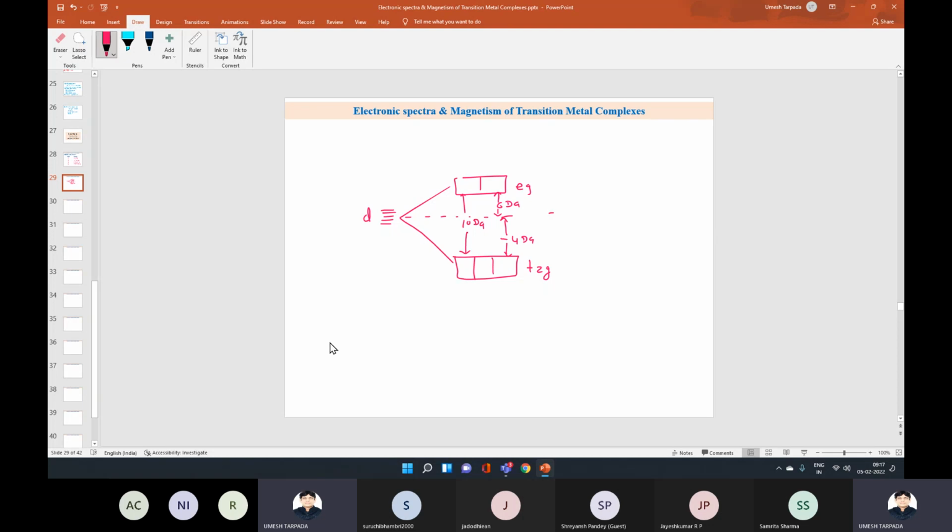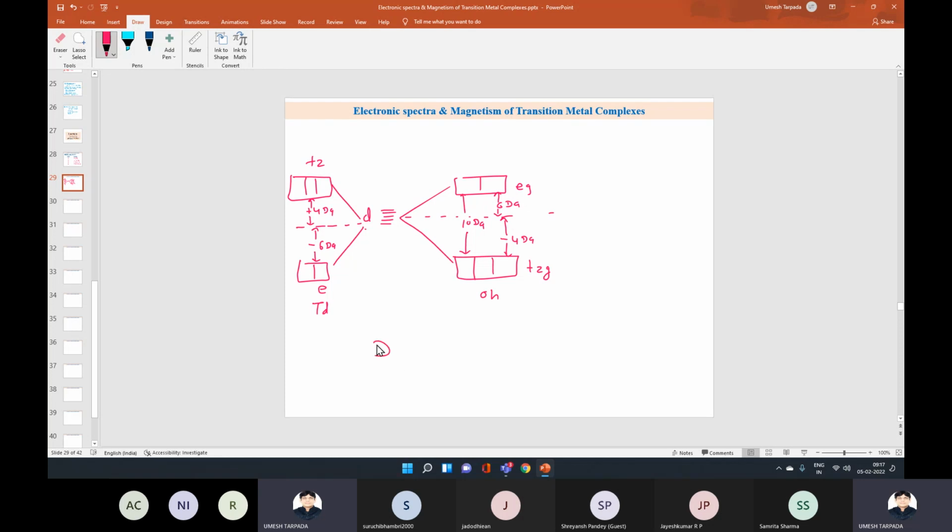So this is the case for the d orbital in an octahedral field. In the tetrahedral field, it is opposite. Here it is the EG set, and here it is the T2 set. Same phenomenon is there: here the energy increases by 4 Dq, and here it decreases by 6 Dq. This is for the D term.